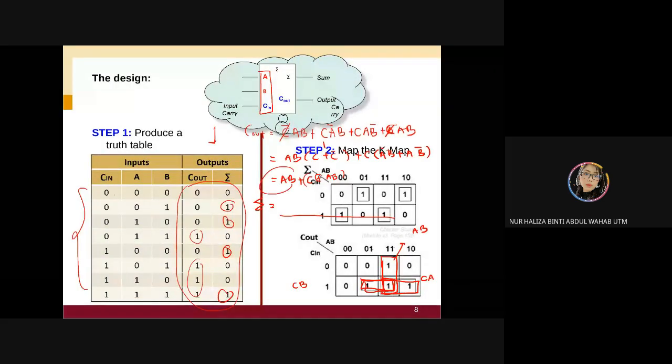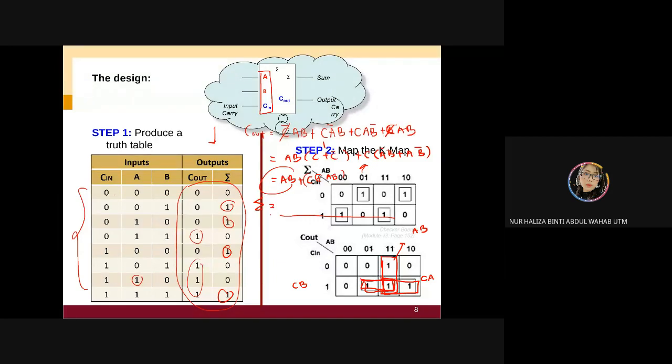So I think I might have missed something here. This is CAB bar, correct? Here is C plus AB, C out.